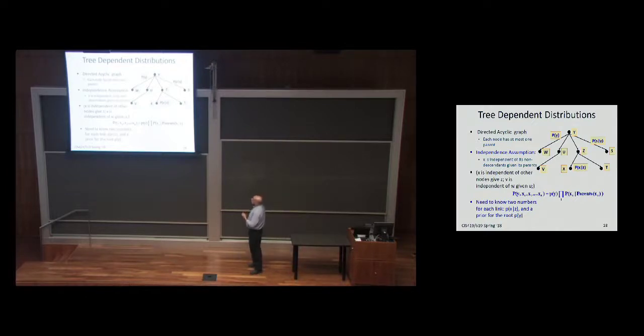Yeah, because, as we're going to see in a second, V is independent of W given Y. V is also independent of Y given U. Right? V is independent of Y given U. Given U, you don't care about anything else. V is determined.